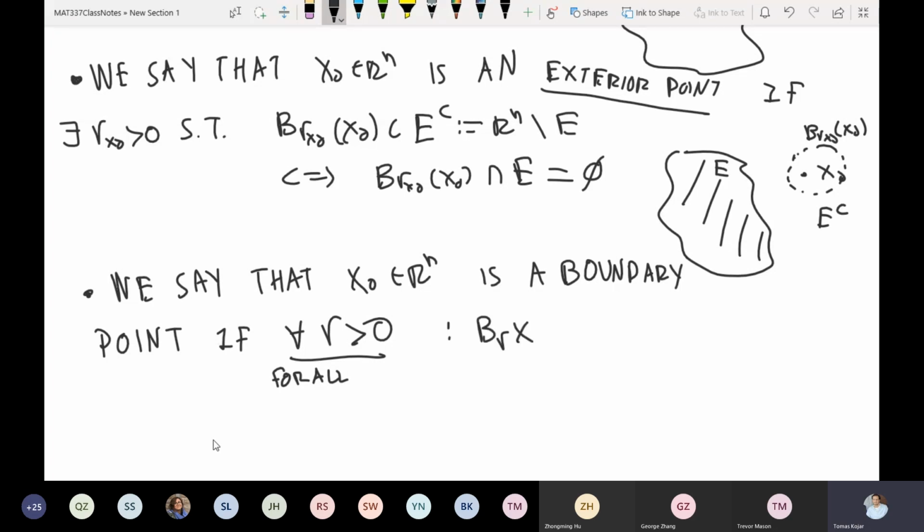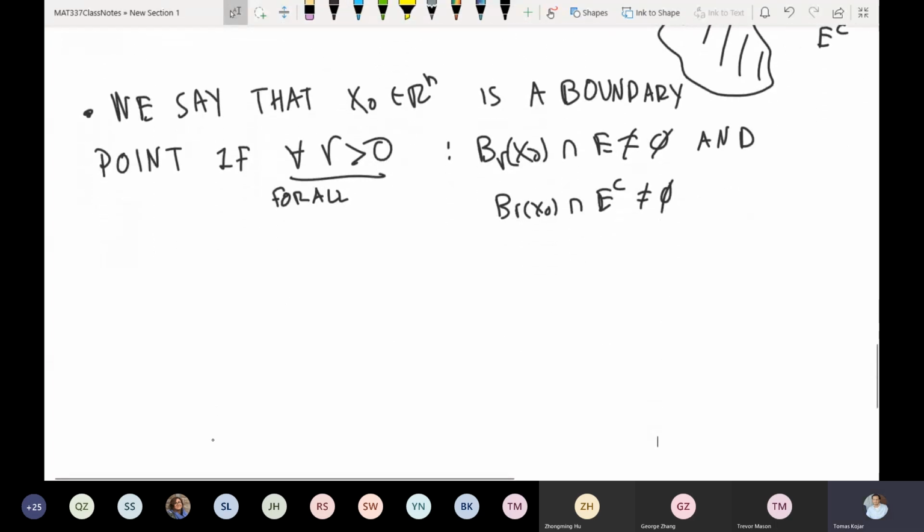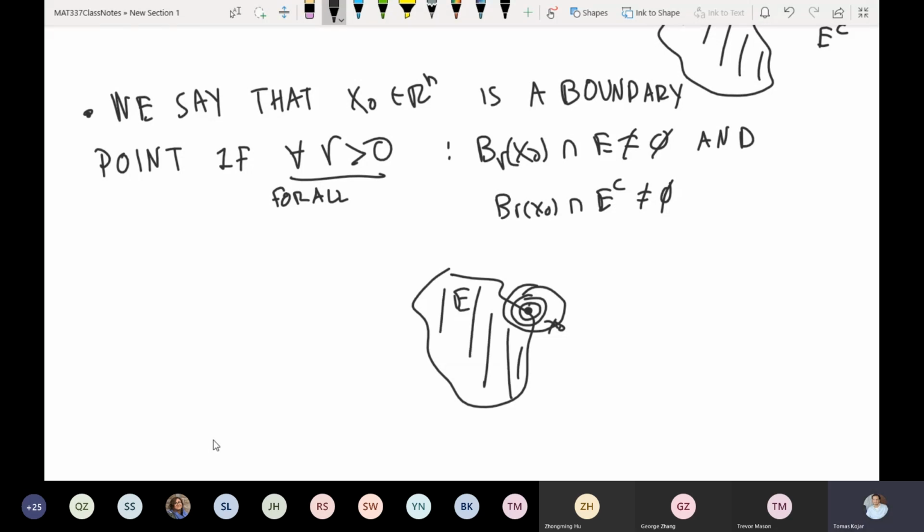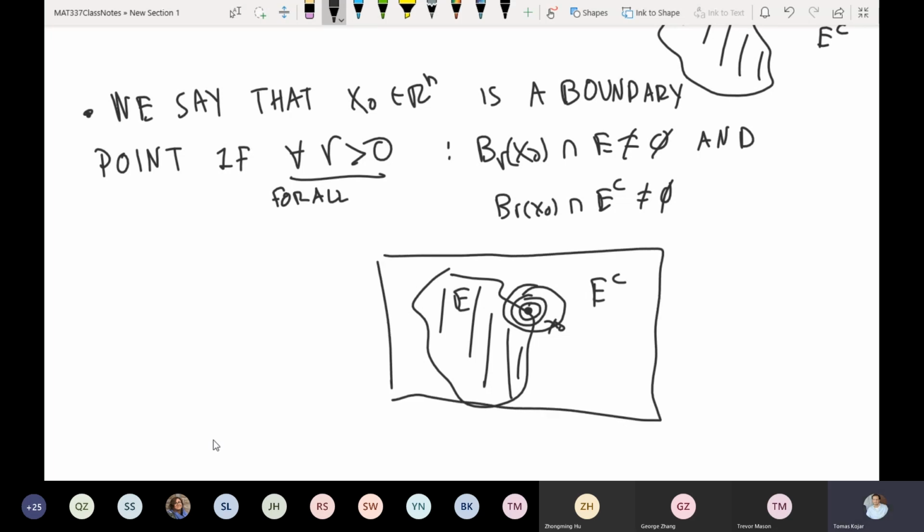B_R(x naught) intersects both E and the complement. So the picture is, this is E, and then this is the boundary point, and any ball you draw, no matter how small, it intersects both E and E complement. So that's what we mean by boundary point.